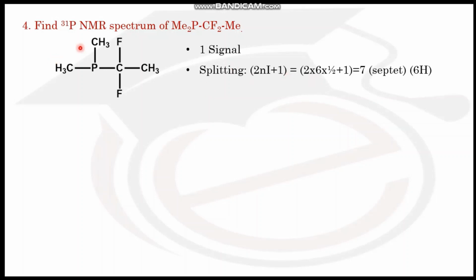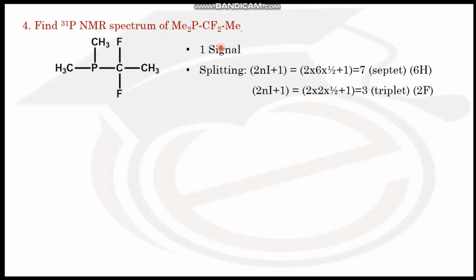There are overall 6 hydrogens, so 2 into 6 into 1/2 plus 1, that is 7, a septet. So the 6 hydrogens cause splitting. Another one is due to 2 fluorines, that is 2 into 2 into 1/2 plus 1, that is a triplet. So overall you can multiply these two, then overall 21 lines will be there in this spectrum.